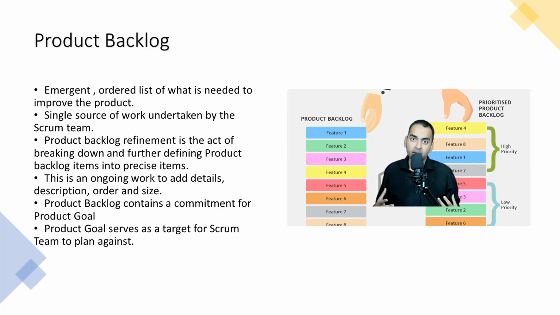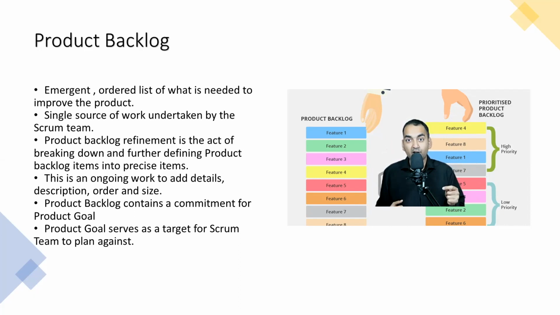In short, product backlog is maintained by the product owner. That's one. It's an ordered item. It's an emergent list. During a refinement session of product backlog, details, descriptions, files, links, sizing can be done.